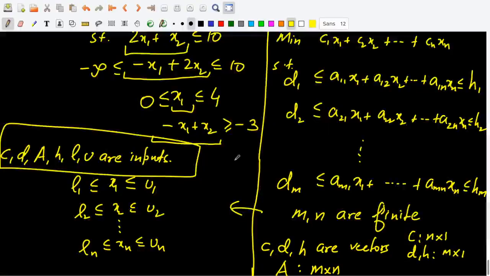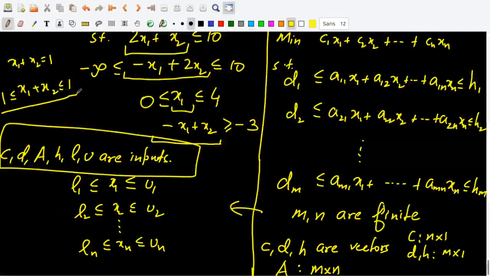Okay, notice that all constraints here are in the inequality form. So in case I have some equality constraints, so suppose I have x1 plus x2 equal to 1, I can change it into inequality form by saying x1 plus x2 less than or equal to 1 and greater than or equal to 1. So then it becomes equivalent to x1 plus x2 equal to 1, and it is in the form I want.